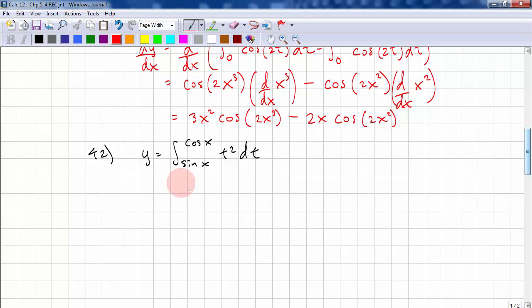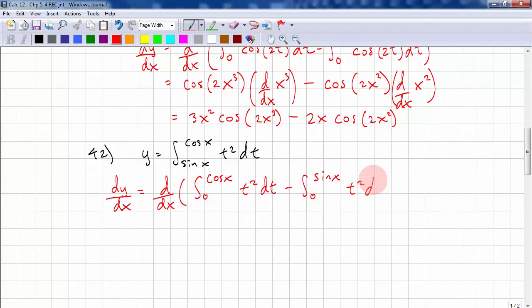So let's look at another example. dy/dx equals d/dx of the integral from 0 to cos x of t squared dt, and we're subtracting the integral from 0 to sine x of t squared dt.